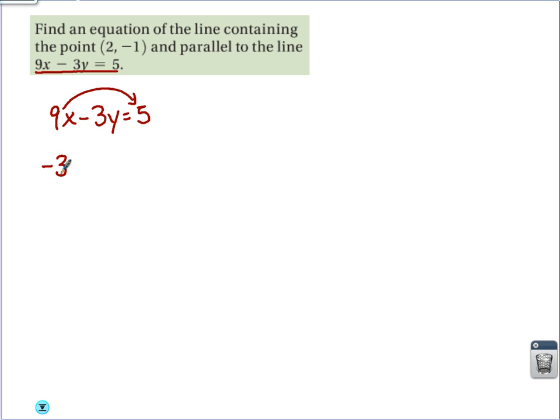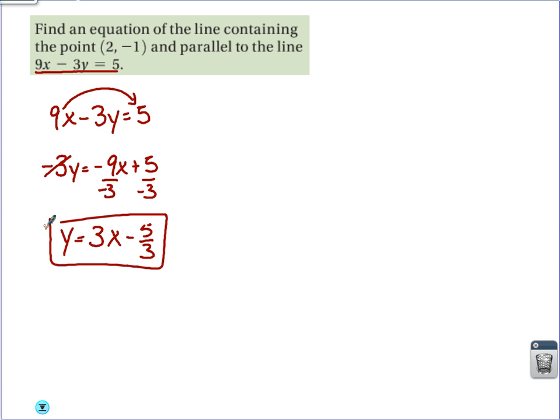That gives me -3y equals -9x plus 5. I'm then going to remove my -3, since it's being multiplied, by dividing. And I'm left with y equals -9 divided by -3 is 3, and a positive divided by a negative is a negative. Since I cannot divide or reduce the 5 over -3, I will leave it.